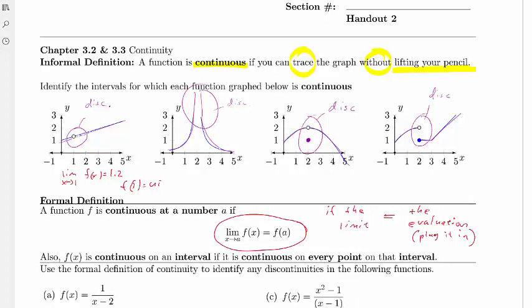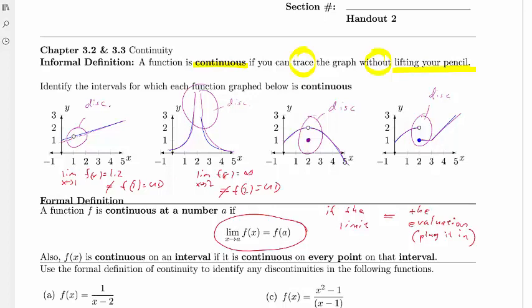They don't equal each other. For number 2, if I say, what is the limit as x approaches 2 of f of x? Well, that's infinity. But if I say, what is f of 2? Well, that is undefined.